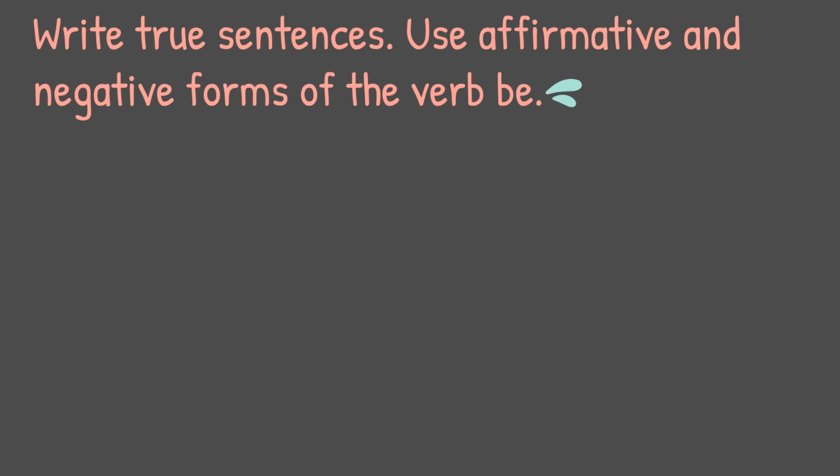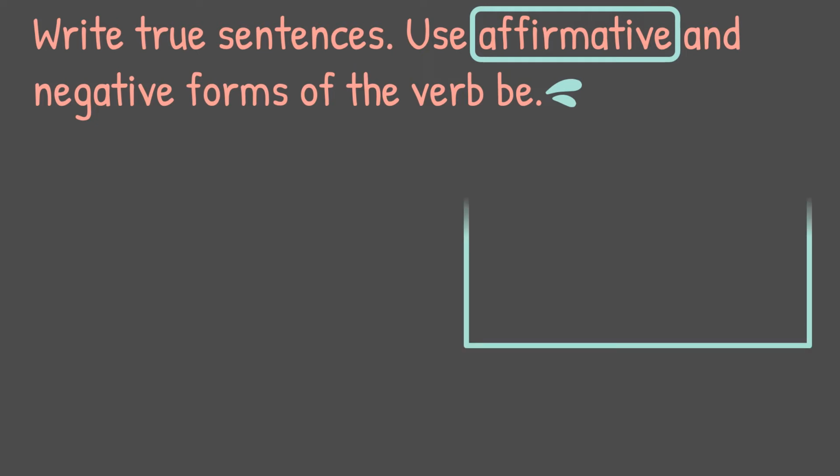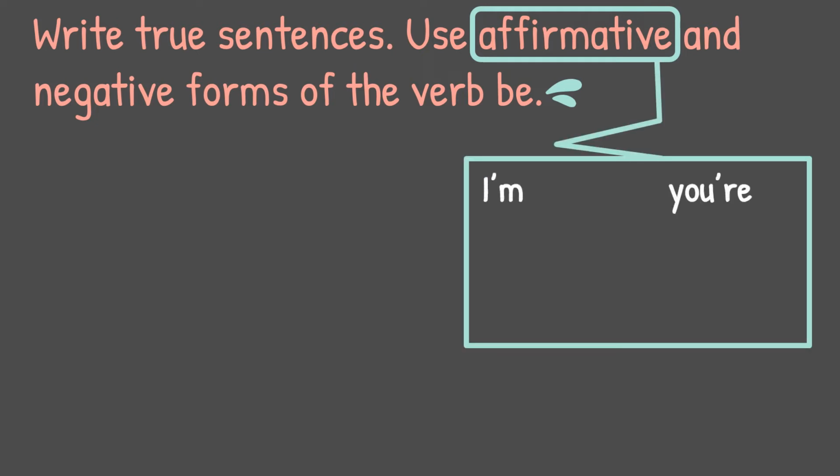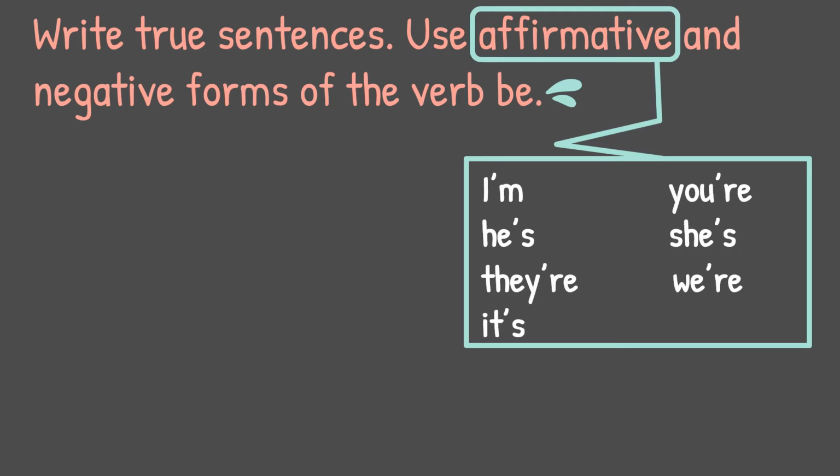Write true sentences. Use affirmative and negative forms of the verb be. Do you still remember what is affirmative form? Yes, I'm, you're, he's, she's, they're, we're, it's.